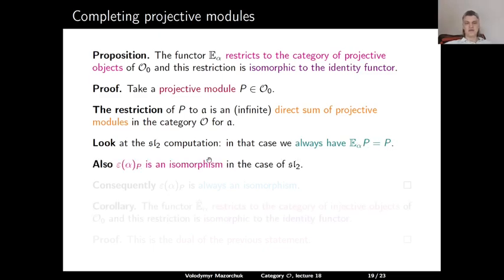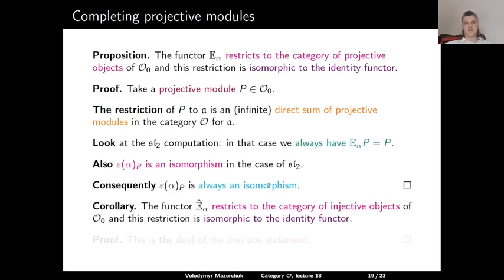And also that the natural transformation from E alpha to the identity is actually an isomorphism in the case of SL2. Because of the SL2 nature of Enright's completion, we deduce that the restriction of the natural transformation E alpha to P is an isomorphism, which implies our proposition.